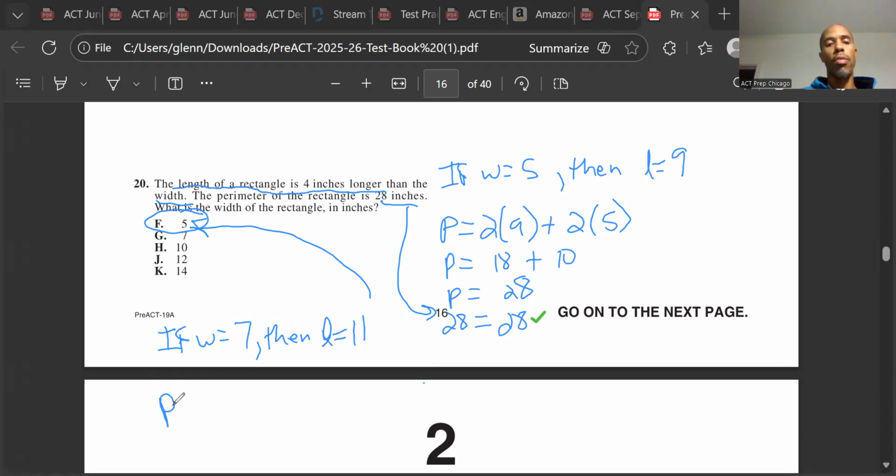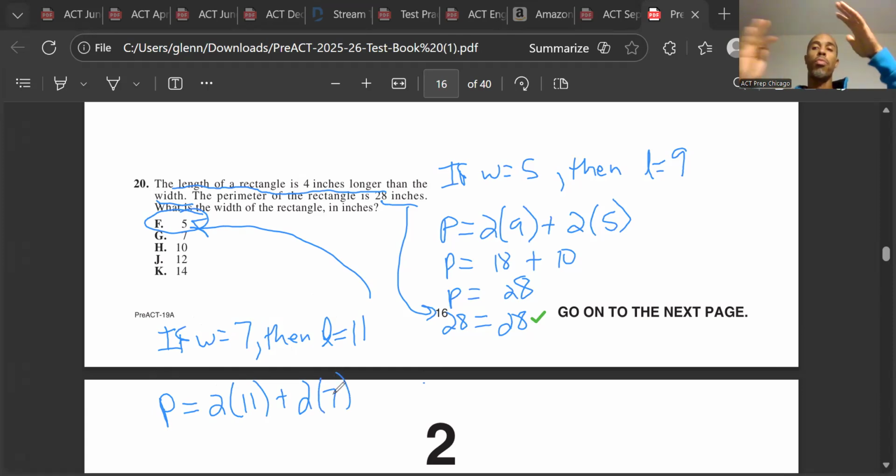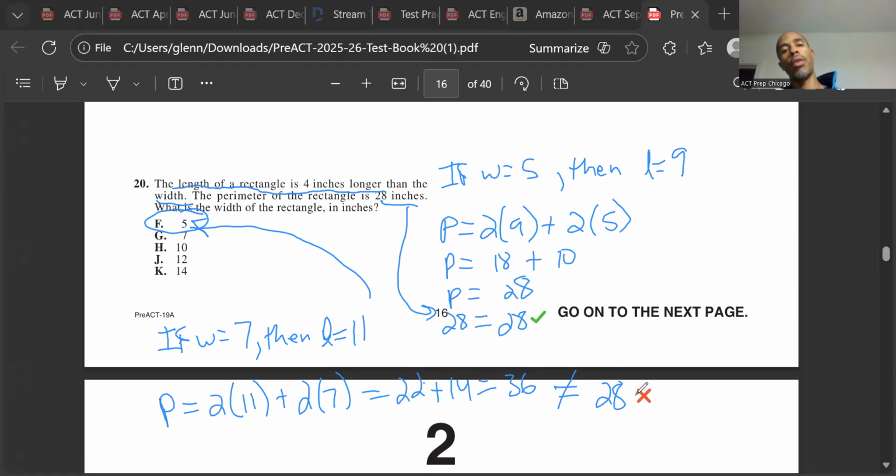And then plugging that into our perimeter formula, we get 2 times L, which is 11, plus 2 times W, which is 7, because it's 2 lengths, top and bottom, and 2 widths, side and side. So we get 22 plus 14, which is equal to 36. And that is not equal to the 28 that they originally gave us. Therefore, this one would not work. And you will see that we tried it with G. If you try it with H, J, and K, they also would not work.